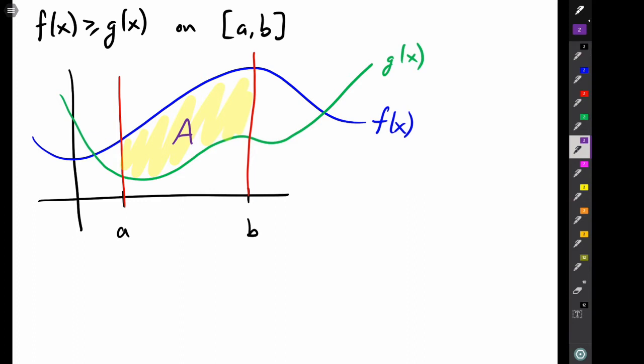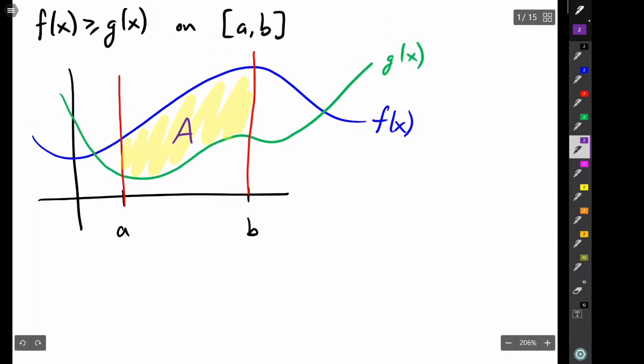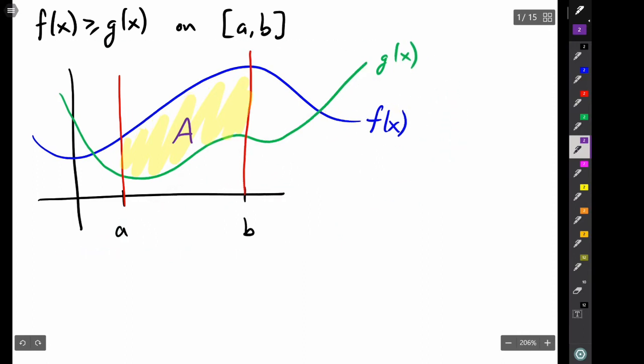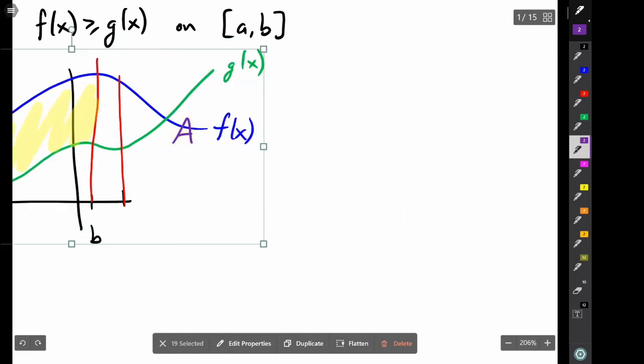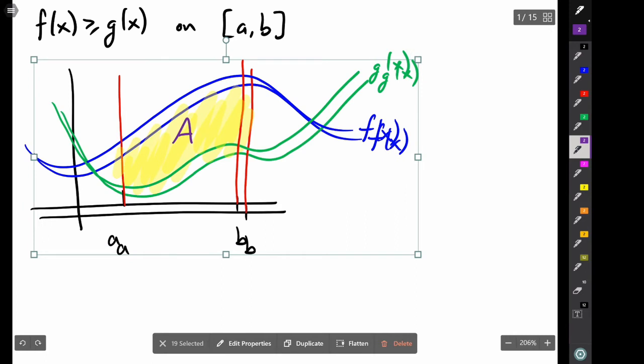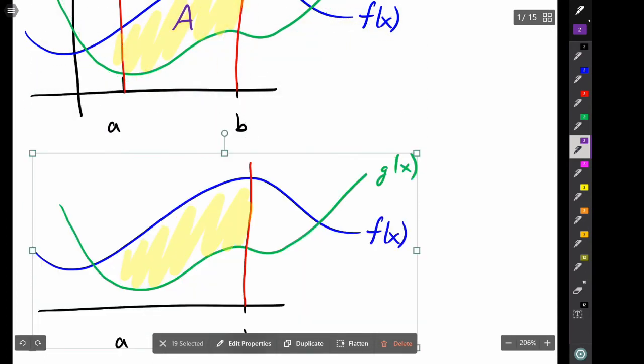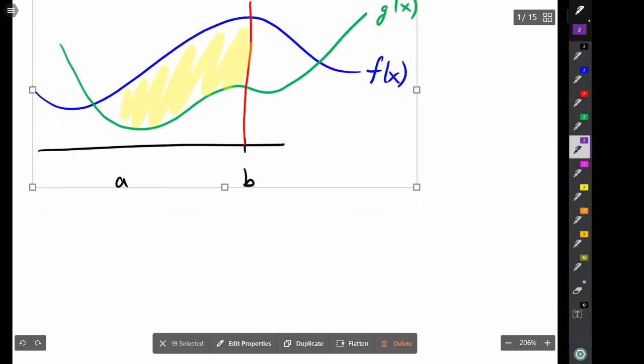Well, one thing we could do is, let's see if I can copy this. Interesting. So I want to duplicate that, and let's duplicate it one more time.